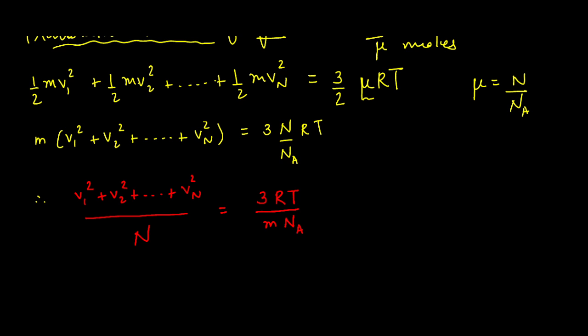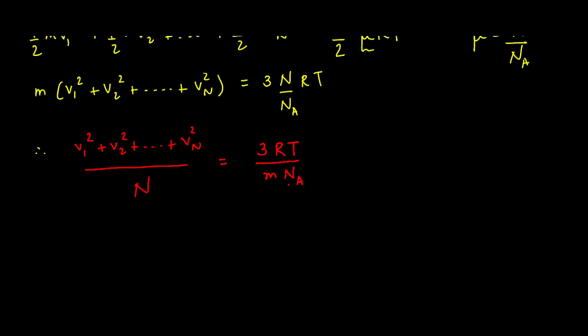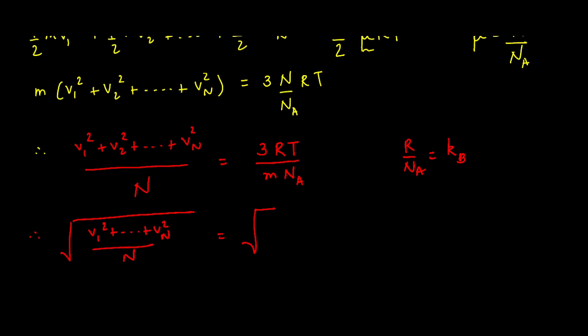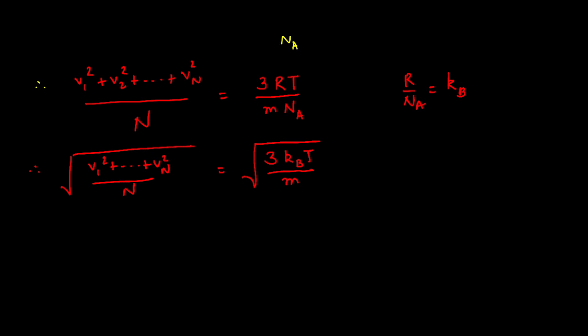Okay, right. So now, hopefully you also remember what is R upon Na. R upon Na is the Boltzmann constant Kb, right? So that's why the left side, listen to this, if I take the square root on both sides, R upon Na is Kb, as you all got that.